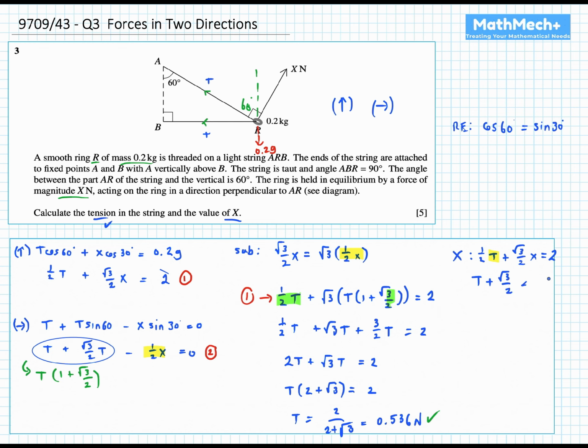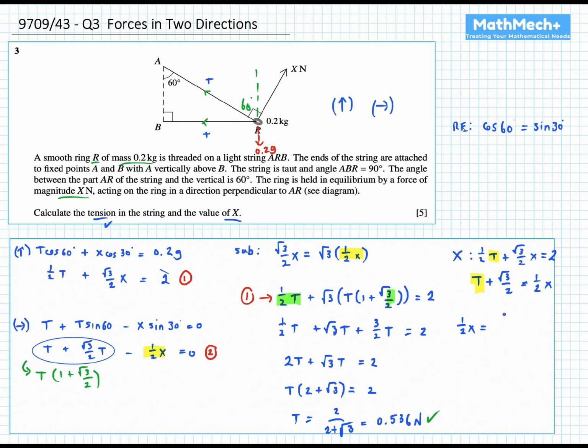The second one is T plus root 3 over 2 T is equal to half X, so bring our half X over to the left. Half X is equal to T, which we're going to replace.